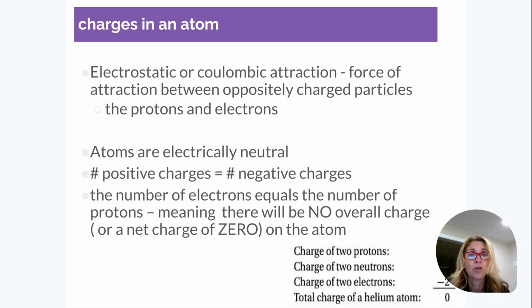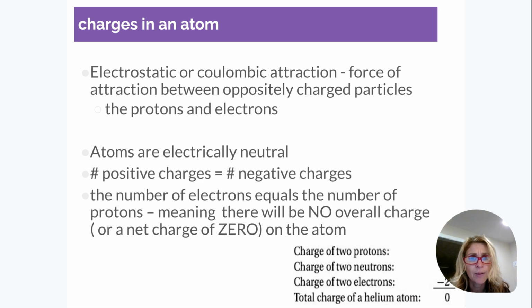This is that force of attraction between oppositely charged particles, and again, within the atom, this is the proton and the electron. Because atoms are electrically neutral, these charges need to balance each other out, so there's a net charge of 0. That would mean that the number of protons would have to equal the number of electrons. So again, that net charge would be 0 and there would be no overall charge.